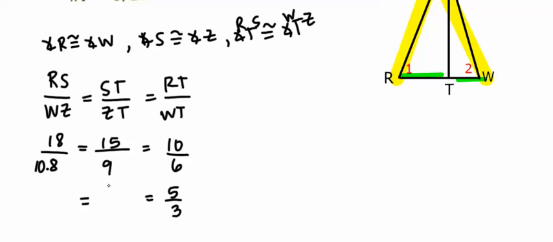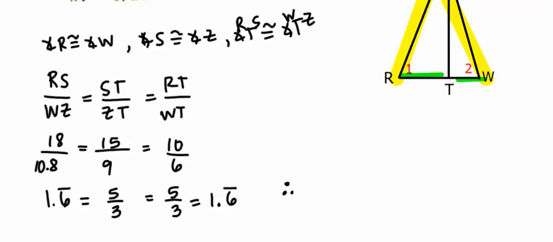And 15/9 will also reduce to 5/3. 5/3 is exactly 1 2/3, which is 1.6 repeating. When I take 18 and I divide by 10.8, in my calculator, I get 1.6 repeating.